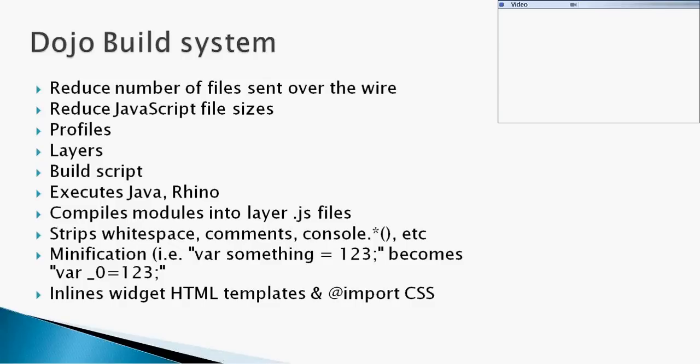In fact, we have talked about most of it, like why we use a build system: to reduce the number of files and reduce the JavaScript file size. It removes white space, comments, and all the console statements, because in production you obviously don't need them. And it does minification also. Actually, it's not minification, that's a mistake.